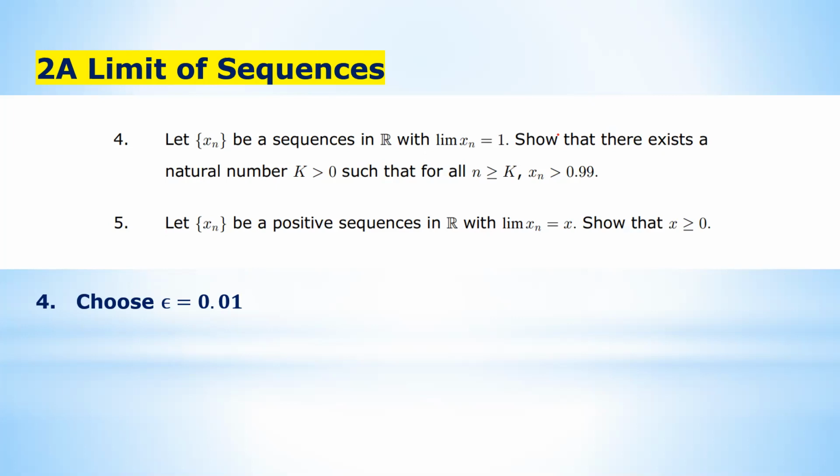You justify this using a special epsilon together with the definition. You look at the distance from 0.99 to 1. The distance is 0.01. So intentionally, you want to choose epsilon equal to 0.01. Now this will help us.